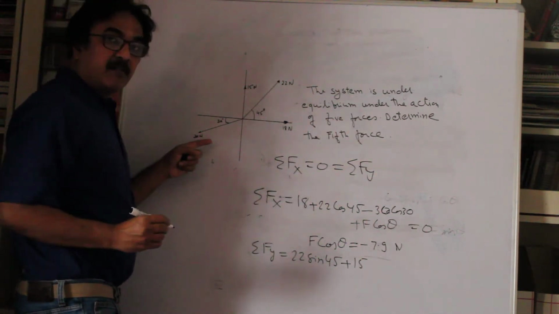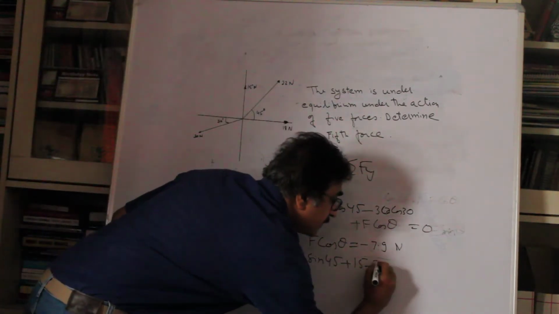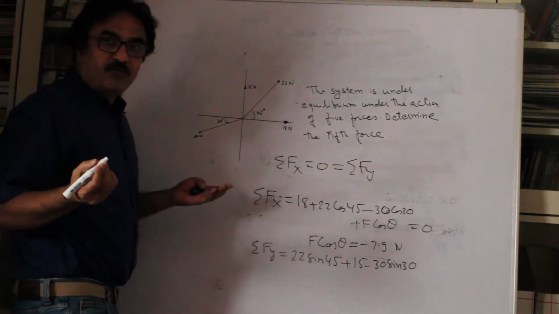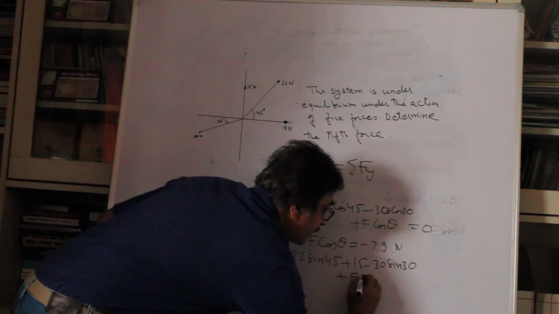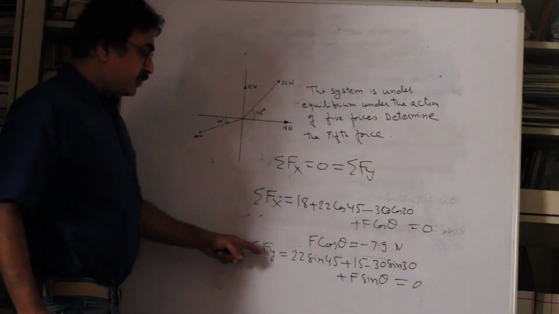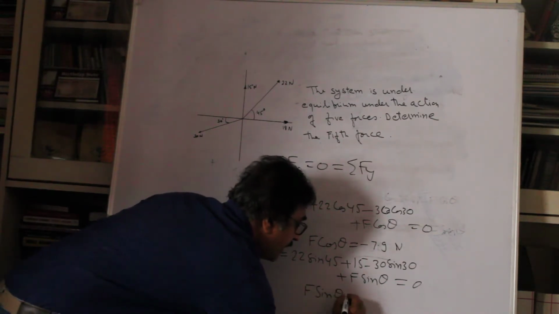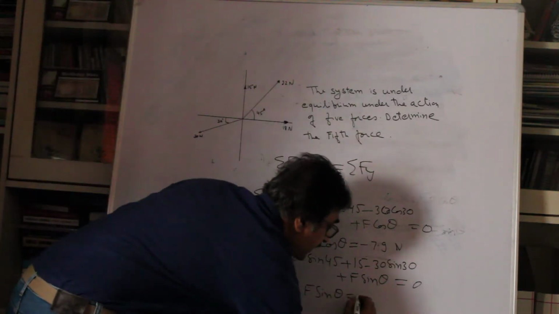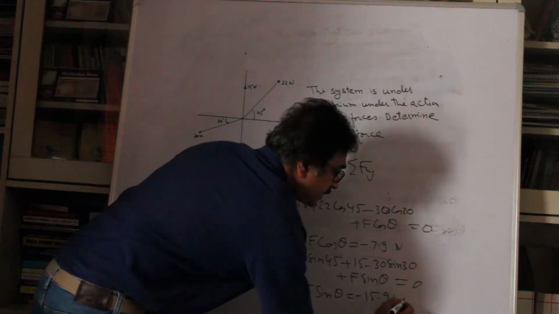This force resolved vertically, 30 sin 30, it will be downward, so it's minus 30 sin 30. Then the unknown force F, so we'll say plus F sin theta, equal to 0. If you solve this equation, you are going to get the value of F sin theta, and this is going to be minus 15.91, right? So this is the value.